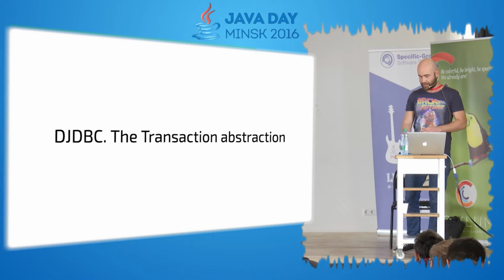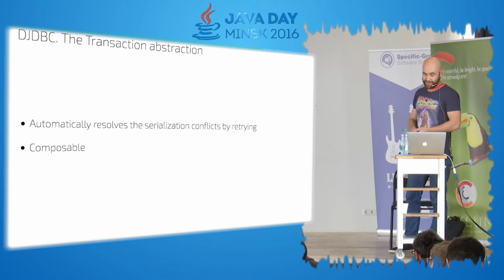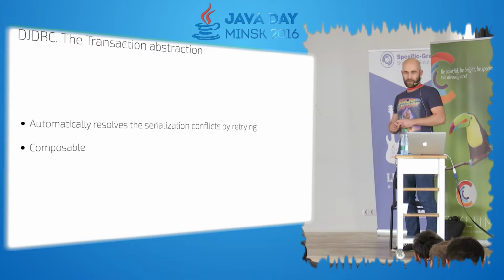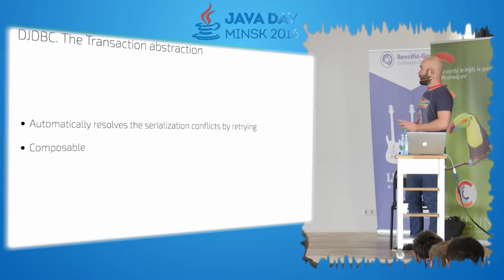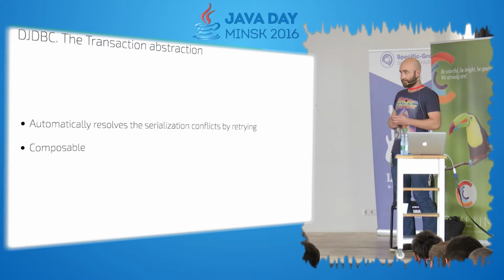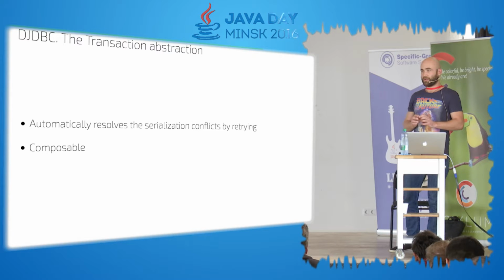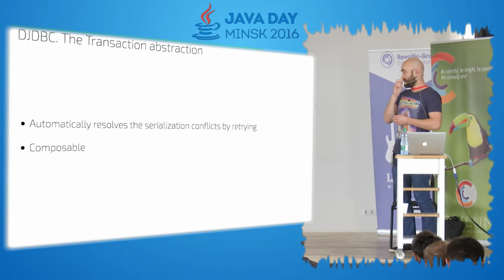Then there is the abstraction over transactions. What it does is solve two important problems. One problem is that whenever you execute a transaction, you can expect a conflict to arise. For instance, in case of Postgres, each time two conflicting transactions address the same row, for instance, you execute two updates to the same row from different processes, and they conflict.